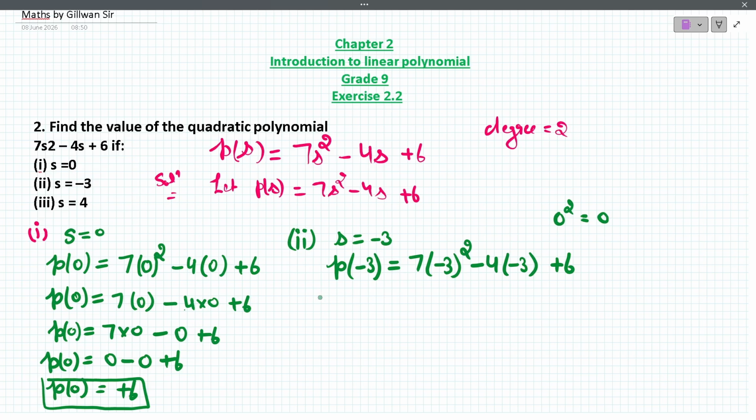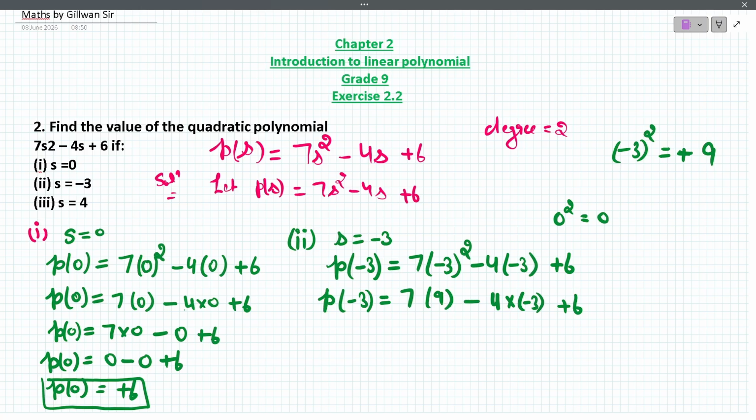Okay, now we will calculate it. 7, what is the square of minus 3? Minus 3 square equals 9. Plus or minus? Yes, plus. The square of any number will always be positive. Now that is minus 3 square equals 9, and that is 4 multiply minus 3 plus 6.